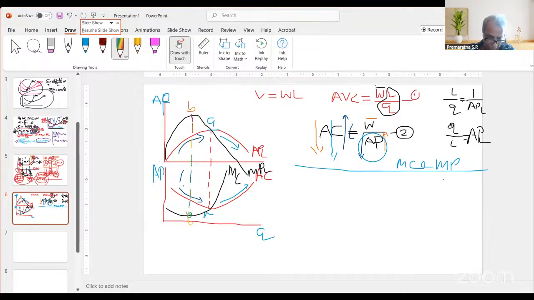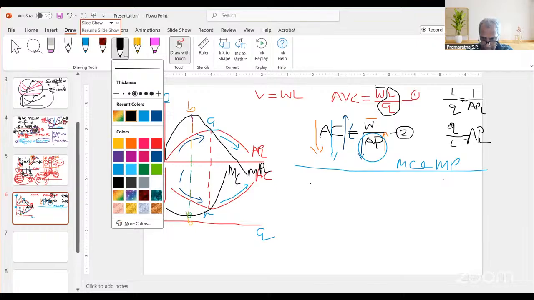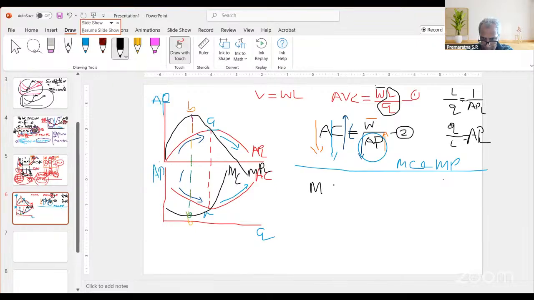So how do you prove that? Now, let's say the marginal cost. Before that, let's say variable cost equals, like I did here, WL. Now find the marginal cost.